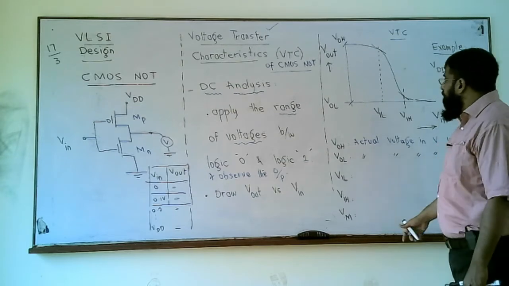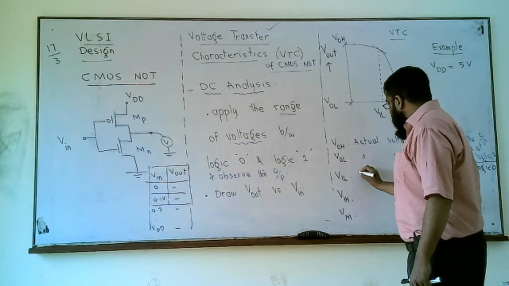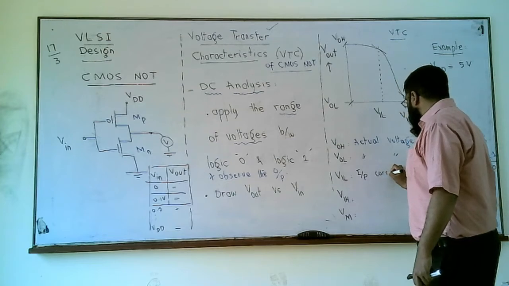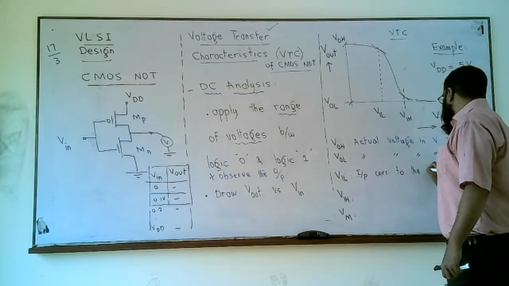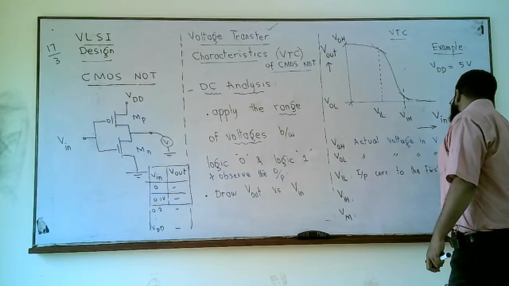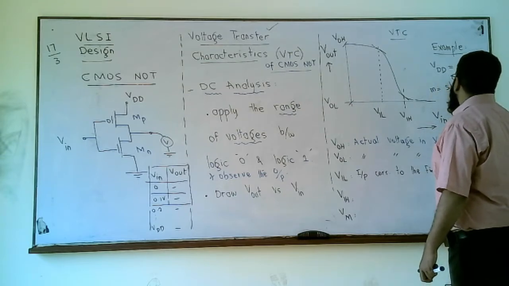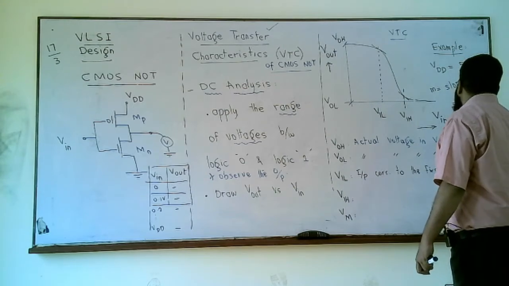VIL is also a voltage measured in volts. This is the input voltage corresponding to the first point where m is equal to -1, where m is the slope. M is the slope, and that is delta y over delta x.